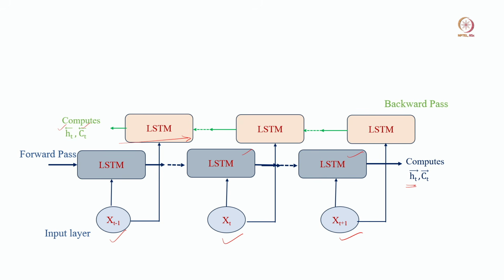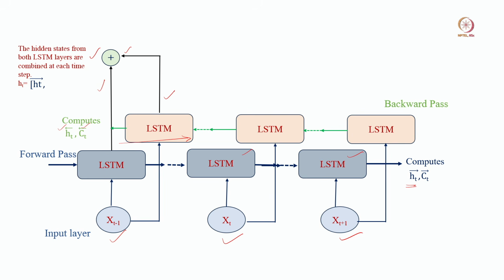Now, whatever information we are getting from the forward pass LSTMs, and whatever information we are getting from the backward pass, are kept independently, taken separately, and there is an additive function or concatenation that is happening.